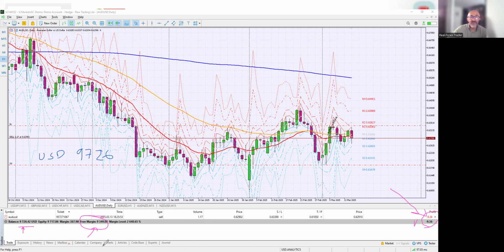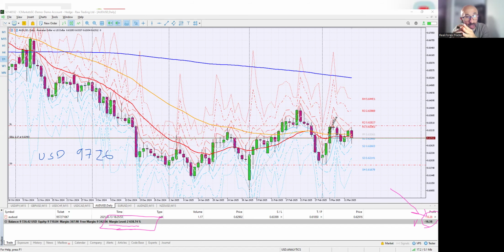Finally, we have another concept that is very important to understand, and it is this one here. I'm talking about the margin level. What is that? Basically, the margin level is a percentage that shows how much of your available funds are being used for opening trades.